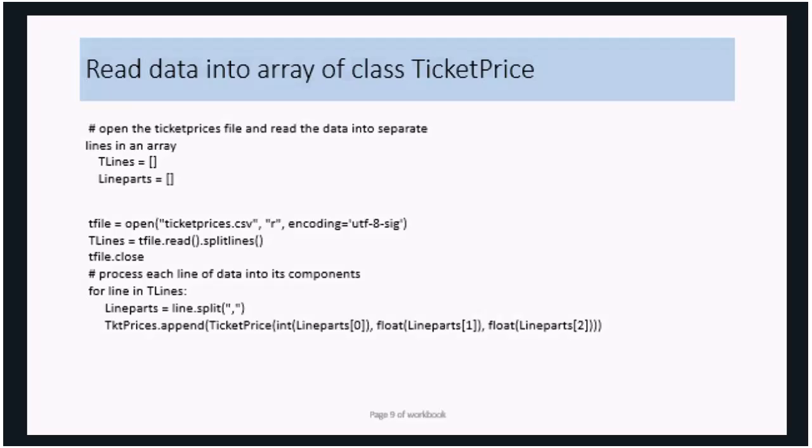So the first of those is line parts of 0 converted to an integer. The second is line parts 1 converted to a float, because that's a price, and line parts 2 converted to a float.